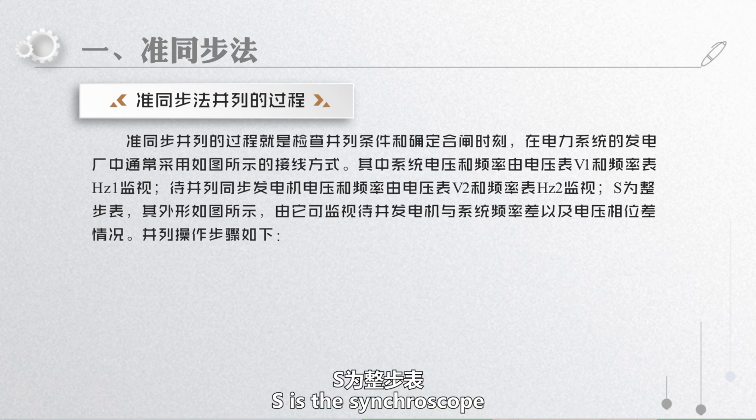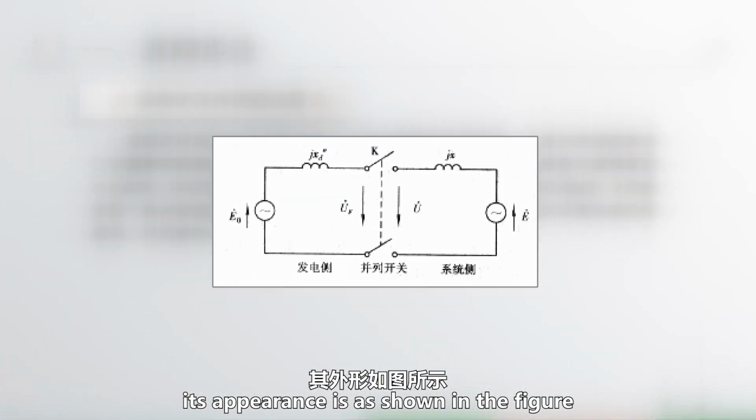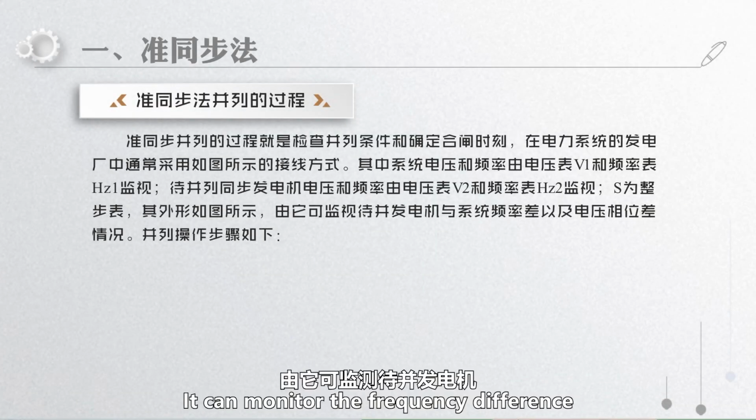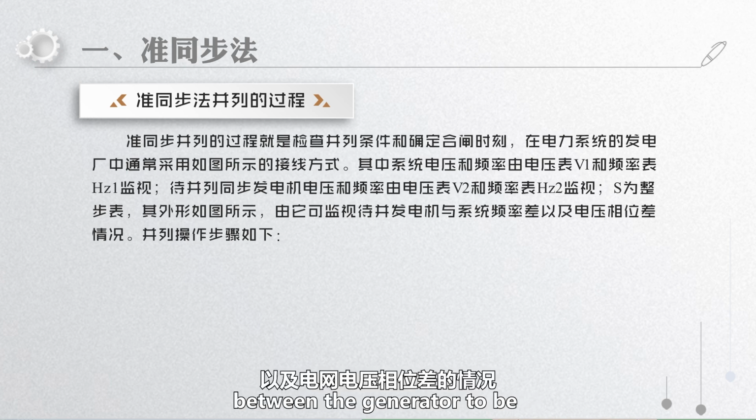S is the synchroscope, whose appearance is shown in the figure. It can monitor the frequency difference and the voltage phase difference between the generator to be synchronized and the system.